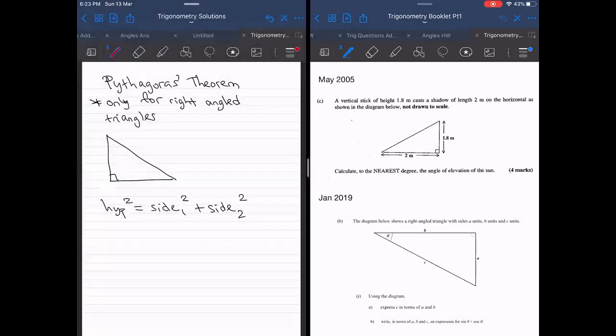So we want to remember the hypotenuse. A good way to mark it is that it's always across from the right angle. So this would be your hypotenuse.